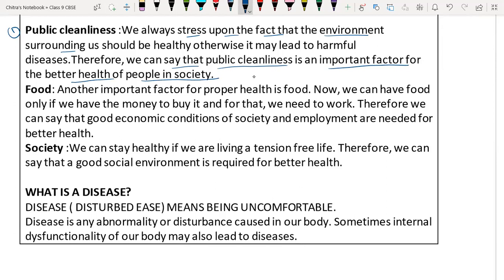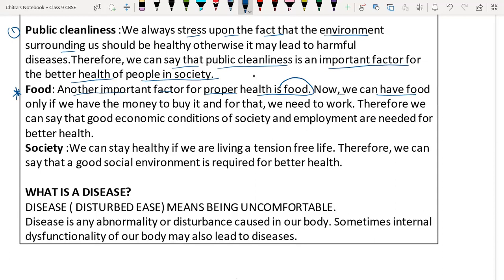Next, we have food. Whatever food we eat every day in our diet that contains all the nutrients required for the proper growth of the organism is called a balanced diet. So another important factor for proper health is food.